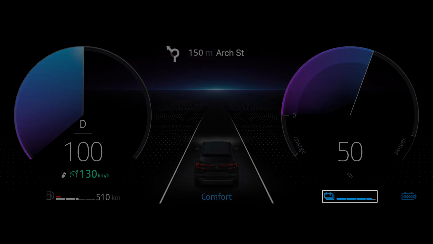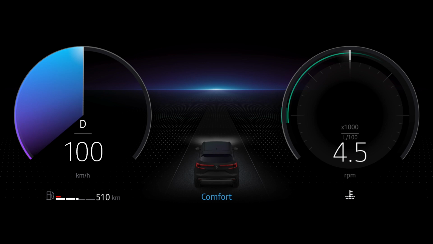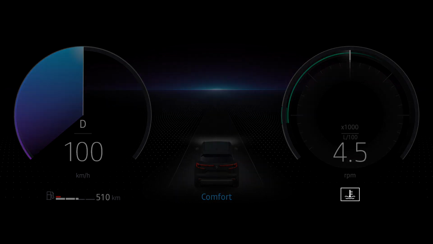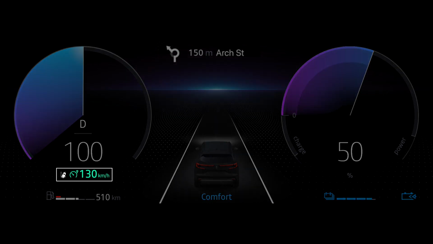Here you can see the charge level of your battery as well as the regenerative braking level indicator light if you have a hybrid vehicle. Note that if you have a combustion engine vehicle, the coolant temperature indicator is displayed. Lastly, you can also see information about the driving aids that are currently in use.